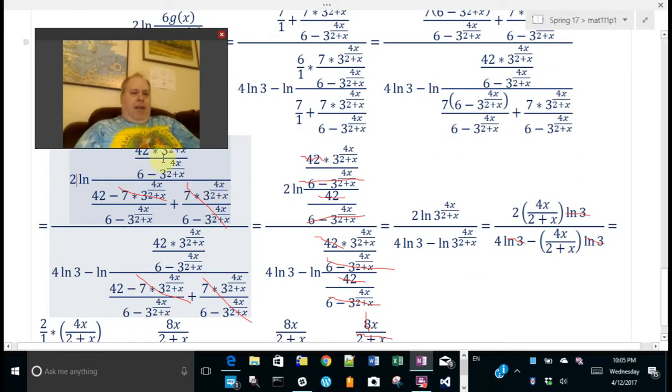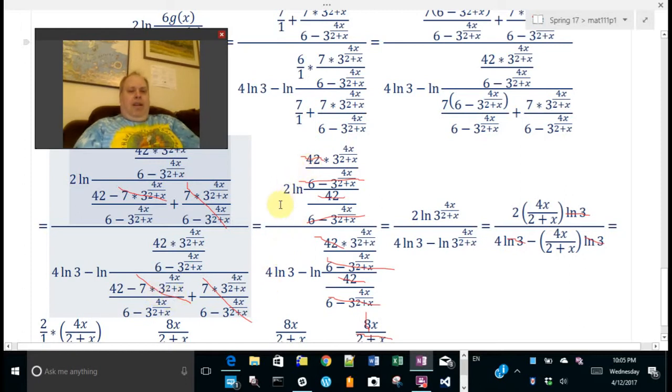So we get 42 minus this guy, and 42 on top as well. The 42s are not too surprising because they're going to cancel. We have 42 minus 7 times 3 to this power plus 7 times 3 to that power, so the minus and the plus cancel. Down here, it's exactly the same thing, so that makes a much simpler equation.